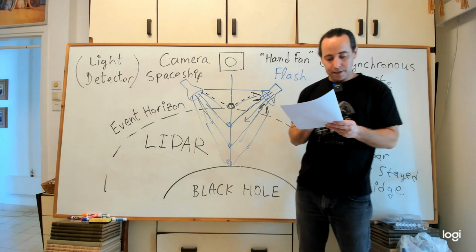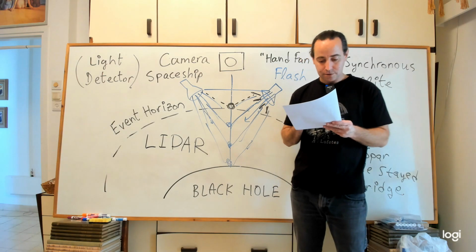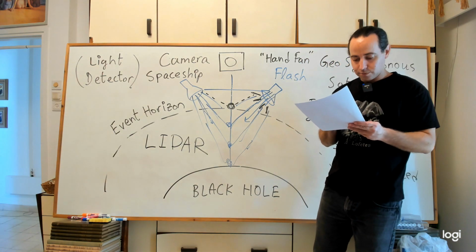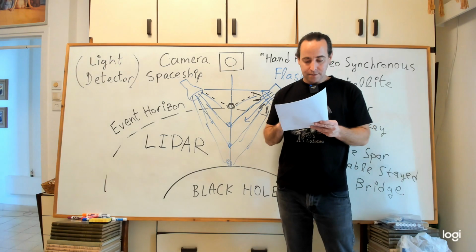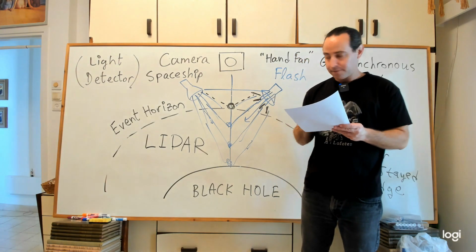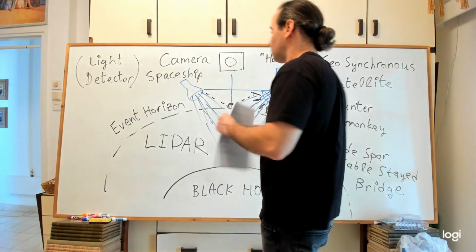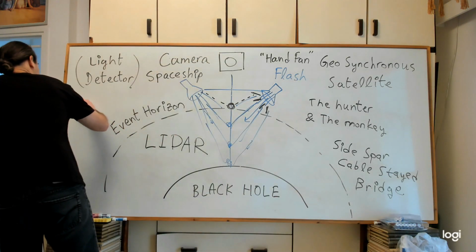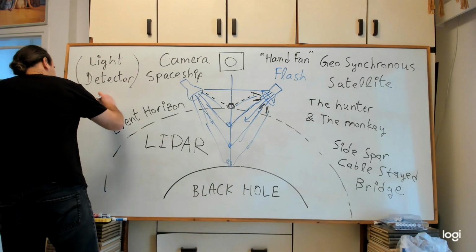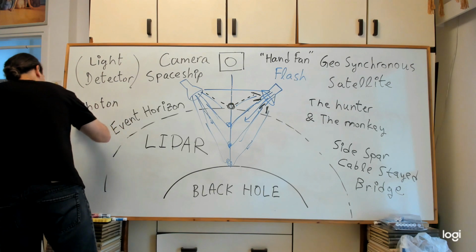Note, when you get to 1.5 Schwarzschild radius, there is the photon sphere.